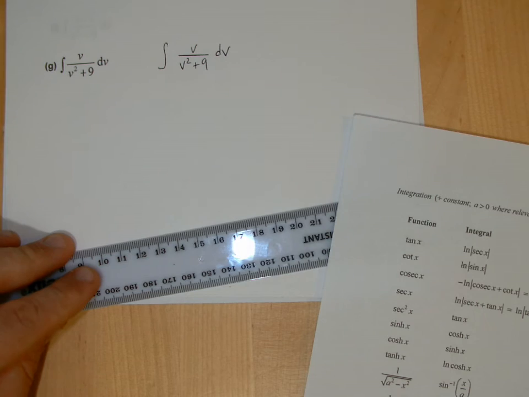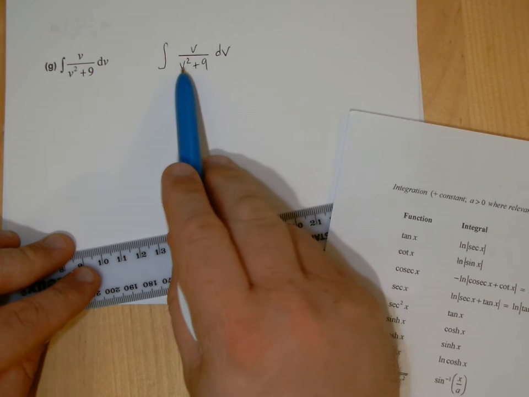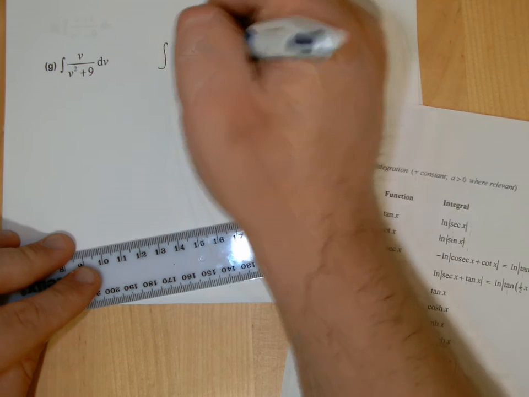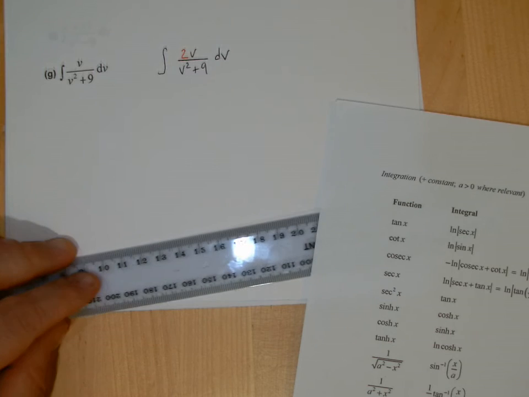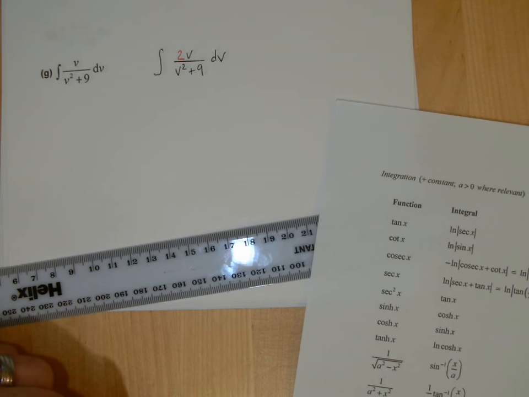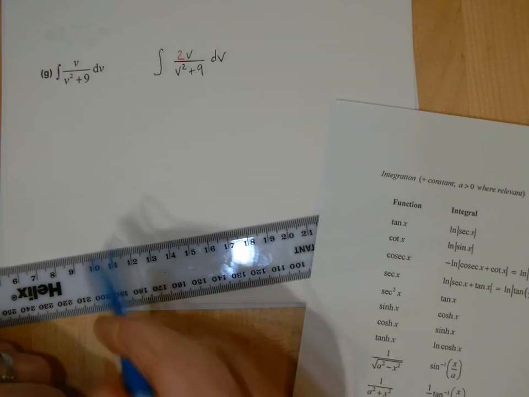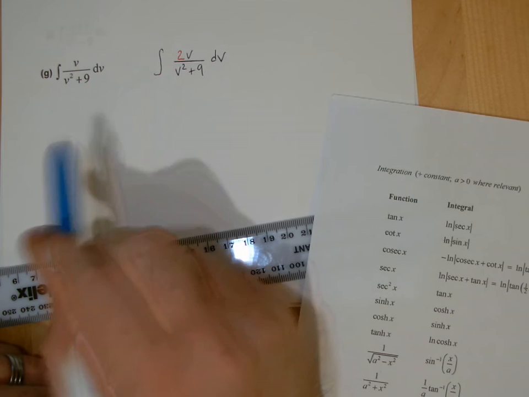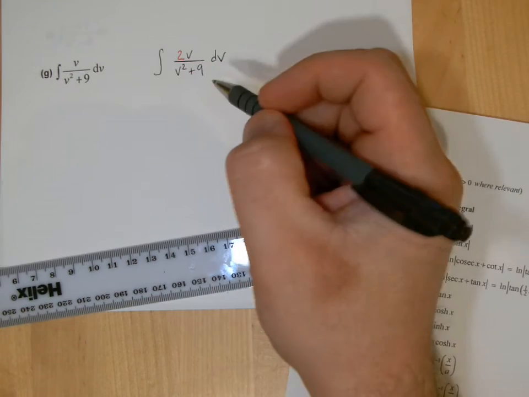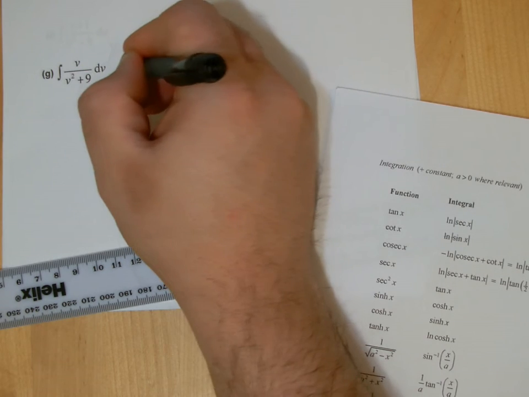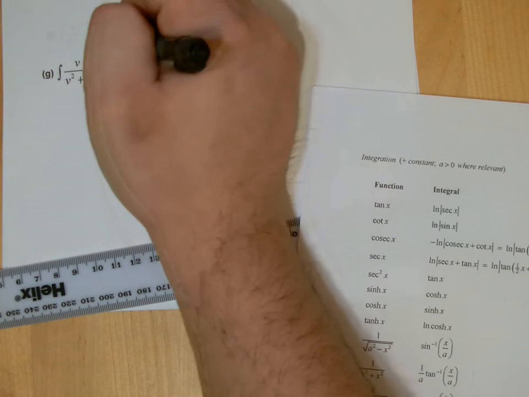But as I just mentioned, when you differentiate the bottom, you get 2v. Well, let's put a 2 at the top then. Now the question is, how do we go about making them equal? That's what I want, isn't it? I want to make these equal. So how do I do that?